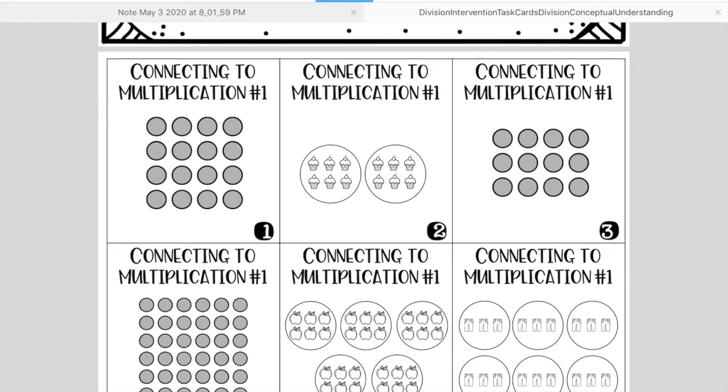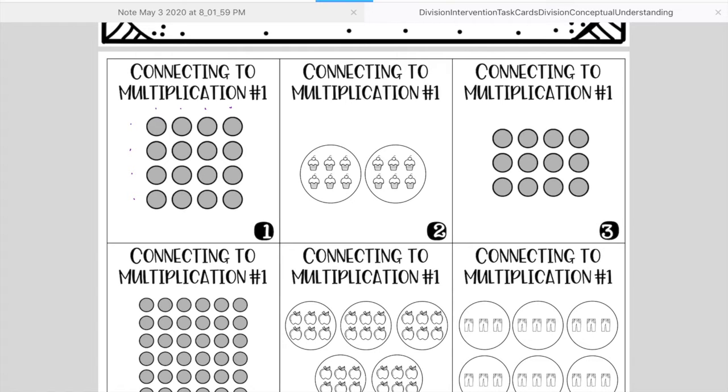For these activities, we are going to use these visual models to create one multiplication equation and one division equation for each that represents the picture that you see. So let's start with this first one, the first array, where I can see 4 columns and 4 rows.